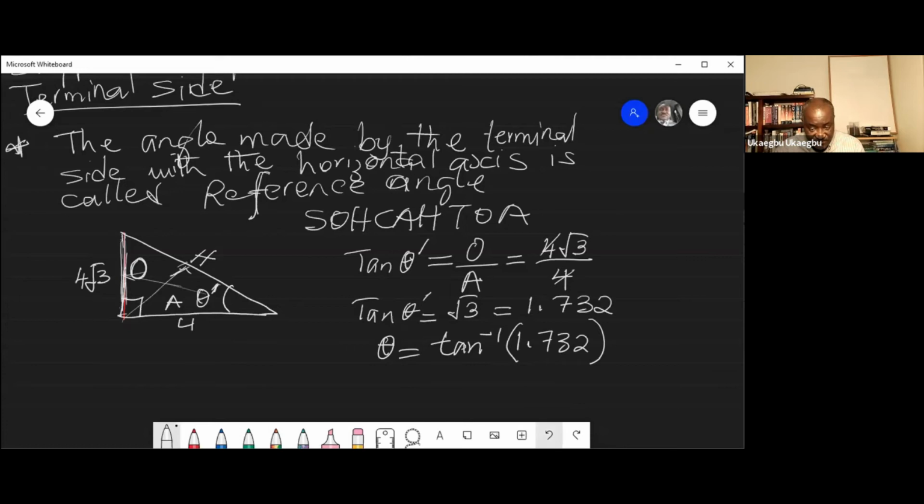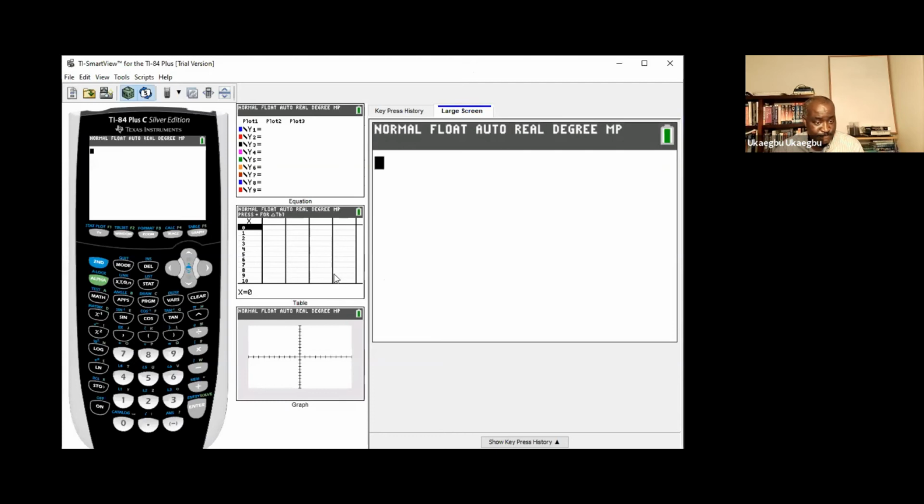Let me share another screen so that we can take it from there. I'm going to share the calculator, and let's verify with our calculator. I trust what Abu said, but let's put it into the calculator.